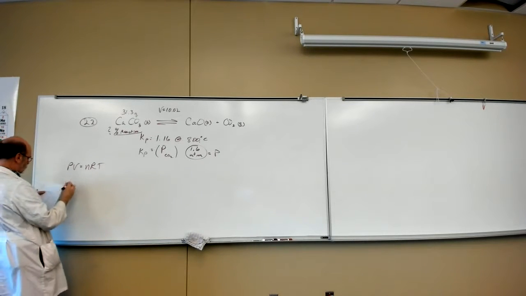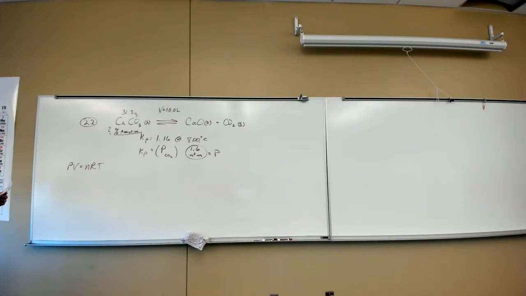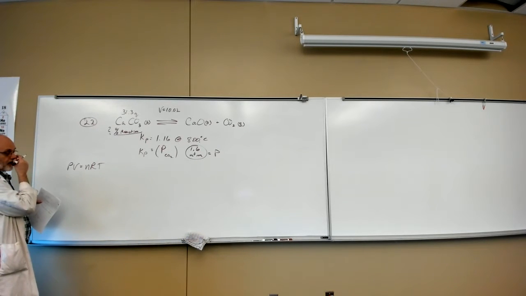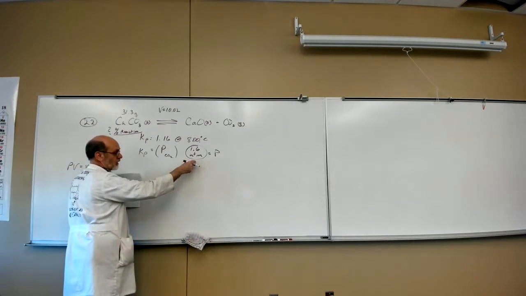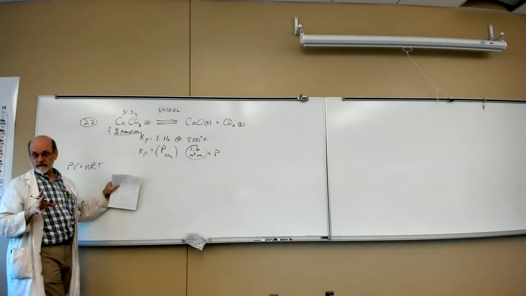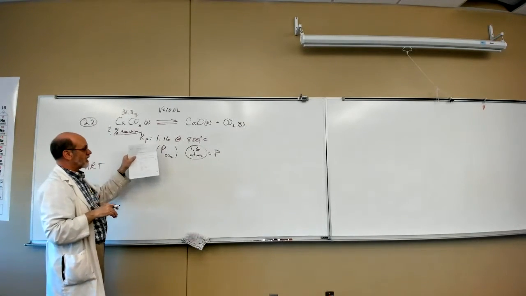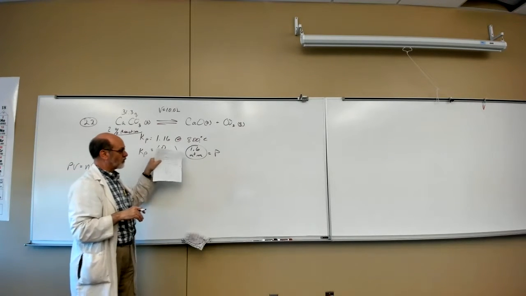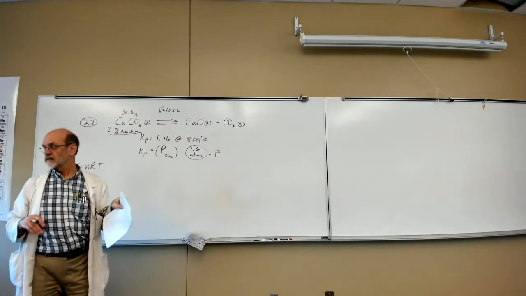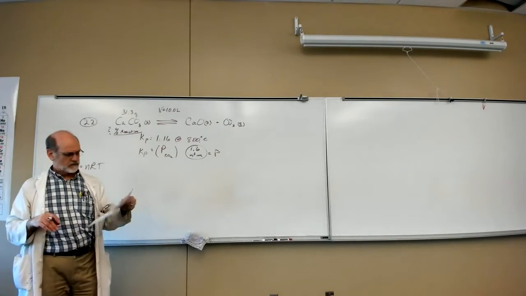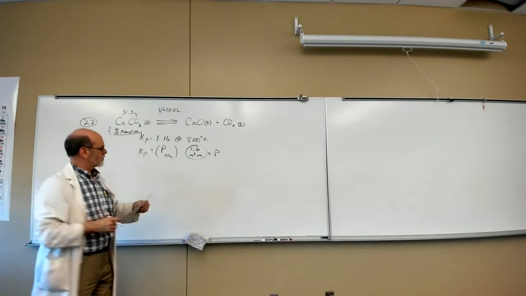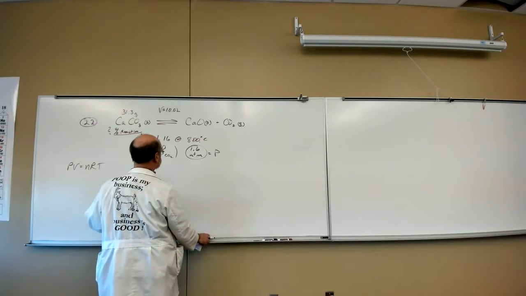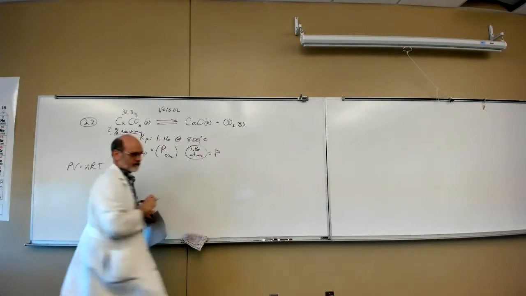Okay, what we need to know is how many moles of carbon dioxide are produced. We know the pressure at equilibrium, right? This is an enclosed vessel. So when we heat it to 800 degrees, it's going to produce a partial pressure of 1.6 atmospheres. Wait a minute, oh, I'm sorry, 1.16. Thank you.